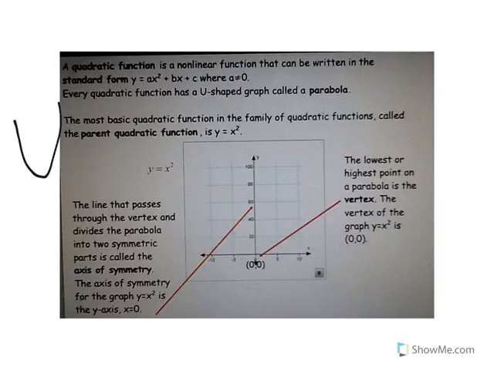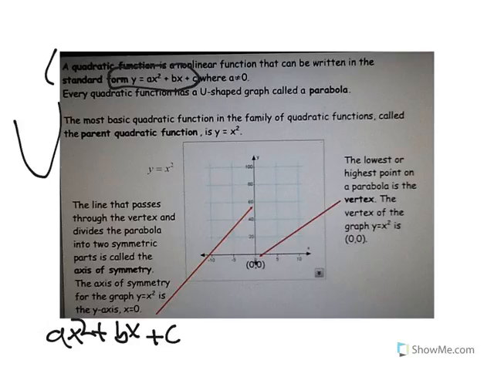So the thing to understand is that a quadratic function is a function that can be written in the form y equals ax squared plus bx plus c. Now this should seem pretty familiar because we've already been solving for roots when you have an equation that's ax squared plus bx plus c.